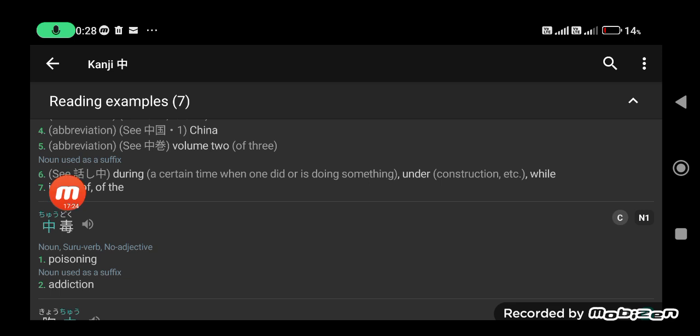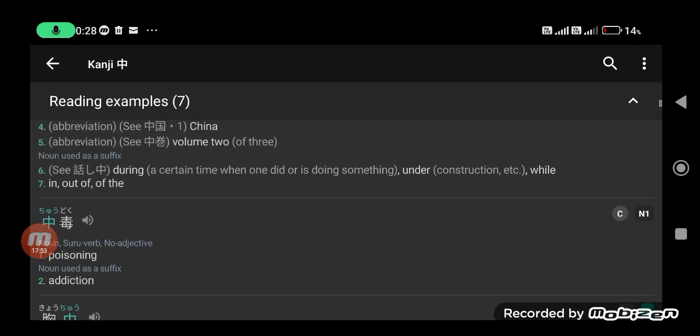Or it could be hanashichu, meaning during a certain time when one did or is doing something, or under construction, or under preparation, junbichu. Or it could be meaning 7, the rarely used definition number 7.